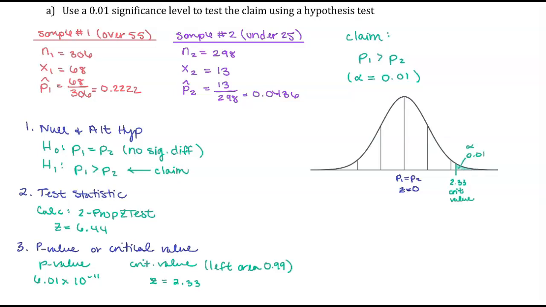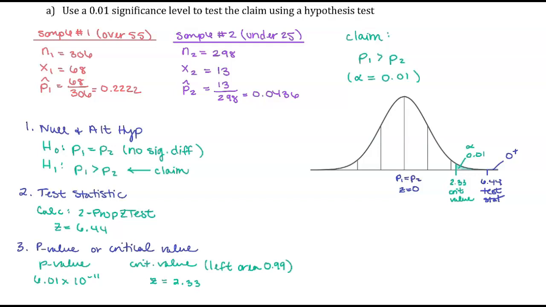We also have a test statistic of 6.44, which is way farther to the right, which corresponds to a p-value or right area of 6.01 times 10 to the negative 11th. Rounding that to 4 decimal places, we get 0, and we can notate that with a 0 plus. That simply means that the value isn't 0, but it is so small that it rounds to 0.